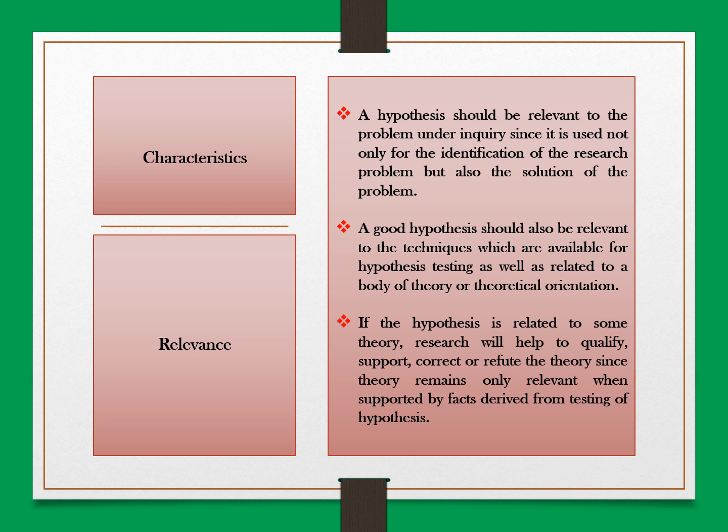If the hypothesis is related to some theory, research will help to qualify, support, correct, or refute the theory, since theory remains only relevant when supported by facts derived from hypothesis testing.